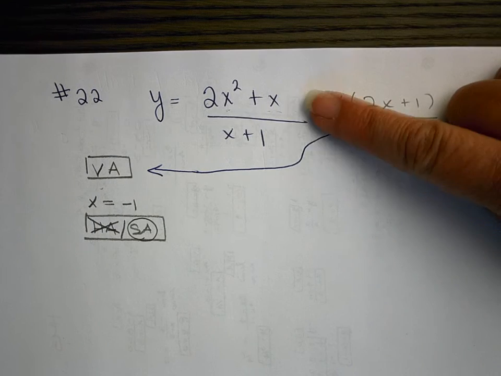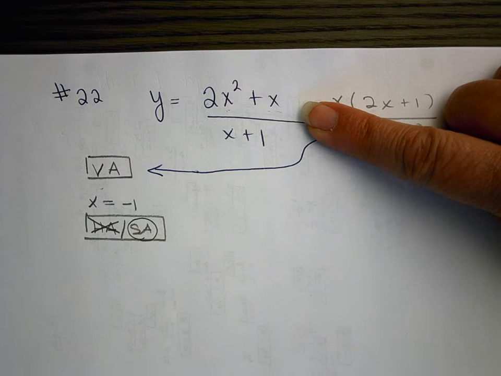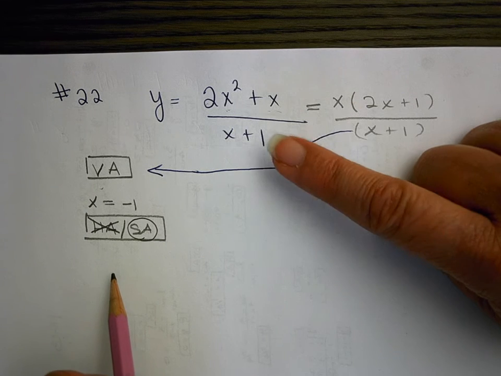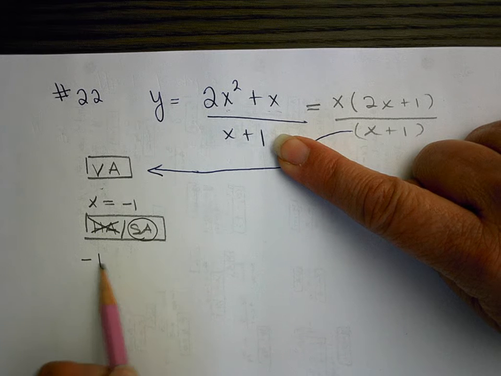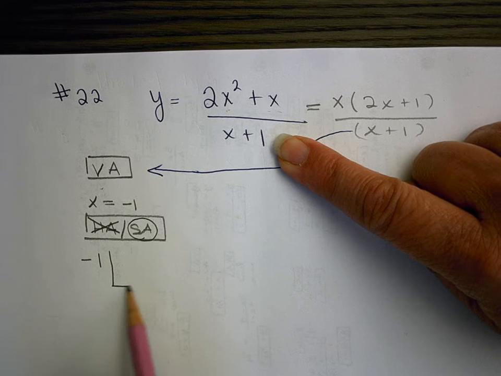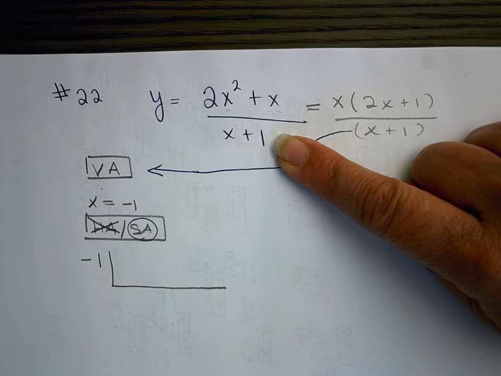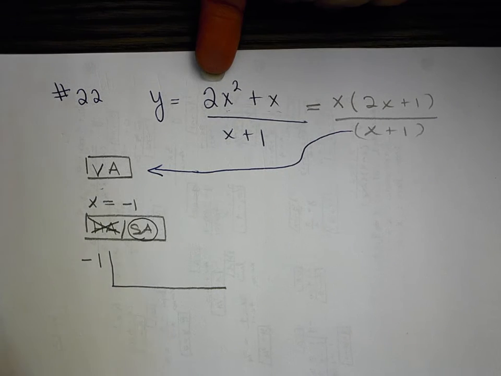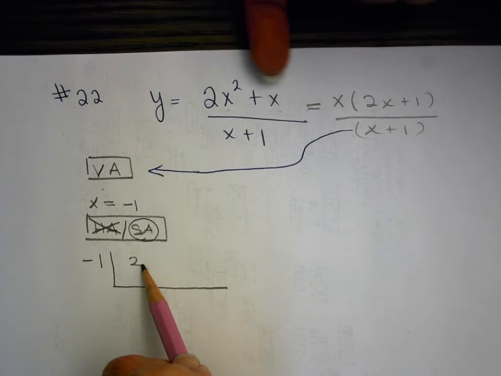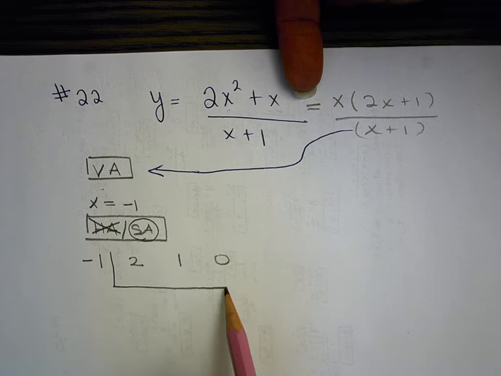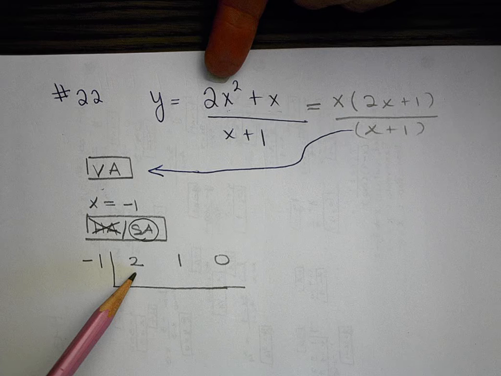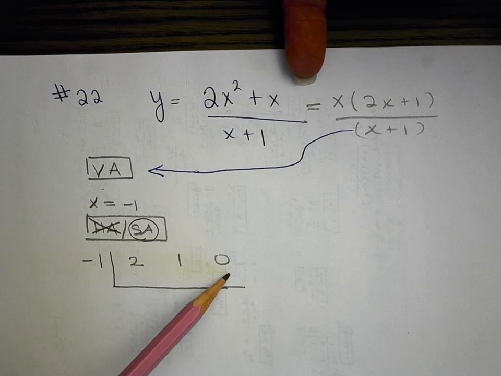To do that, I want to do either long division or synthetic. I'm going to do synthetic. I have x plus 1, so that means my root is -1. Then I'm going to do my coefficients: a 2, and then 1, and then I don't have a constant, so I'm going to fill it in with a 0. So 2x squared plus 1x plus 0.